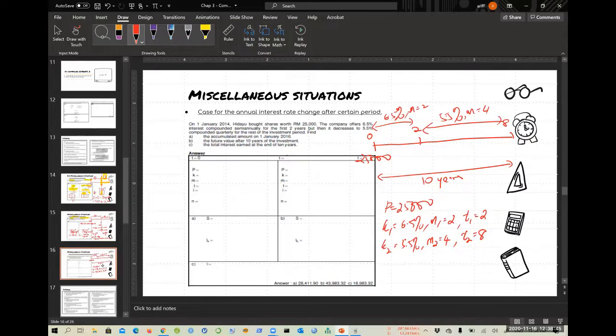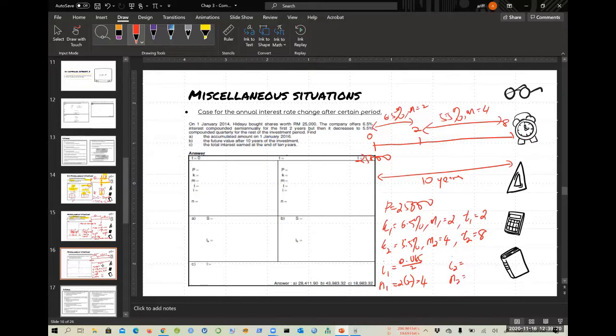So based on this information, you know that you have I1 dan N1. Here also you have I2 and N2. So I1 will be 0.065 divided by 2, and N1 will be M times T, right? So that means 2 times 2, which is equal to 4.